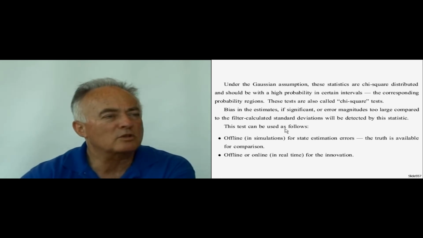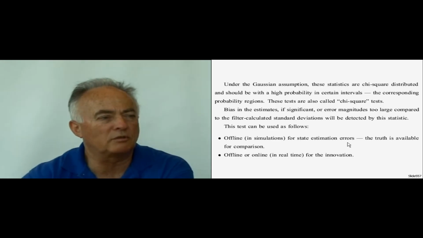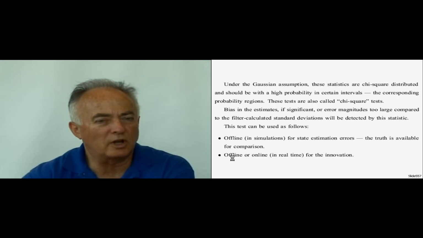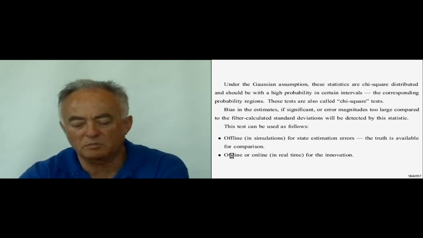The way we do this test is, in the offline or simulation situation for state estimation errors, we have the truth for comparison. For the innovation, we can do it both offline but also online, and innovation is the only thing that is available online.